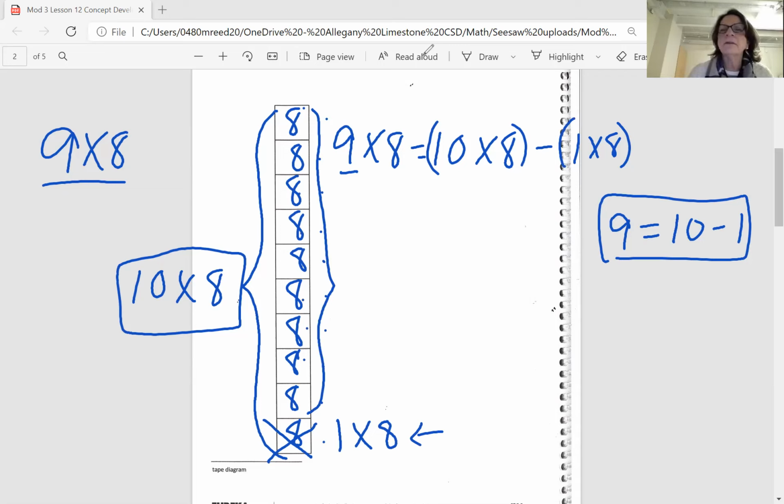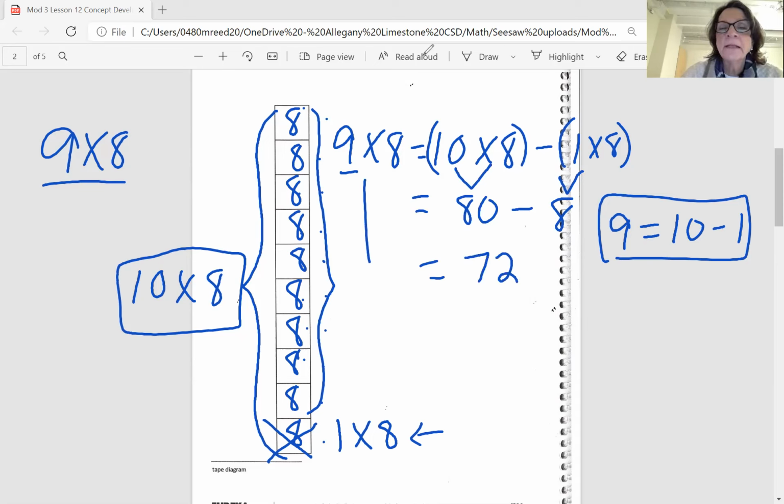Okay, now let's see how this works. Underneath here, I want to put the value of each one of those expressions. So 10 times 8, easy fact, just add 0, is 80. Subtract 1 times 8, another easy fact, 1 times 8 is 8, one and the same. And then if I take 80 minus 8, now you know why we did take from 10 yesterday with our fluency. 80 minus 8 is 72.